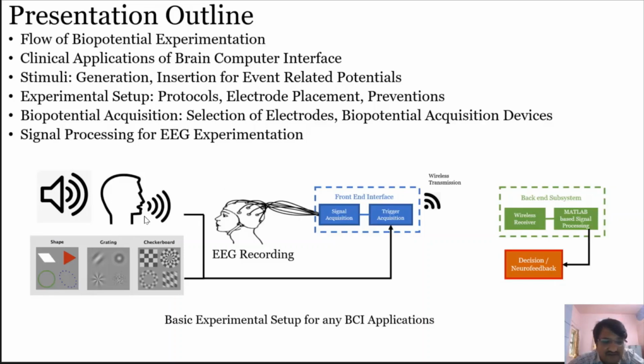So once you understand this stimuli generation, I'm talking flow wise, we will go into the detail of how we can generate and program it. For now, understand that with respect to your presented stimuli, your brain responds and some form of potentials get elicited. In order to get those biopotentials, you need electrodes.